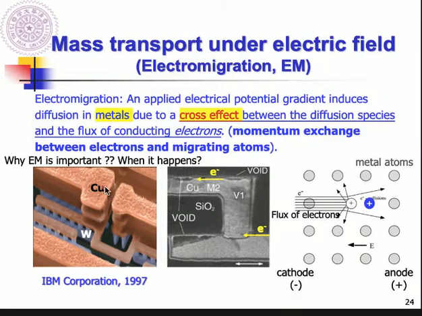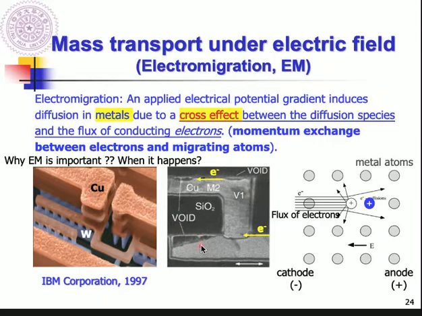If you cut a cross-section and investigate the microstructure of this conducting line, and I remark the direction of electron flow, you can observe some interesting stuff. You can observe some void at the interface, and also there's a large void existing in the conducting line.